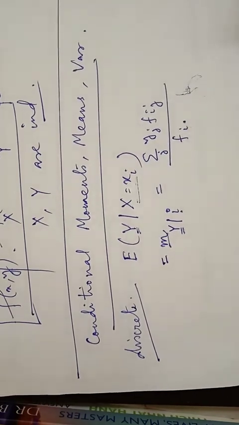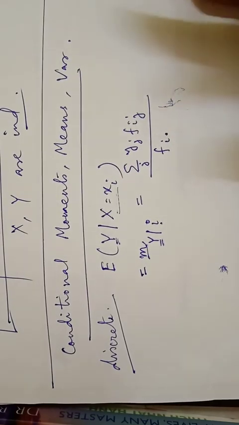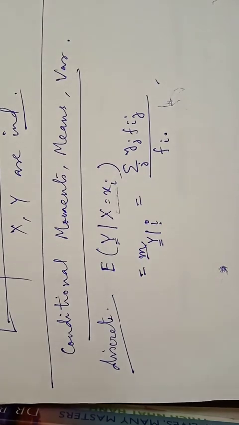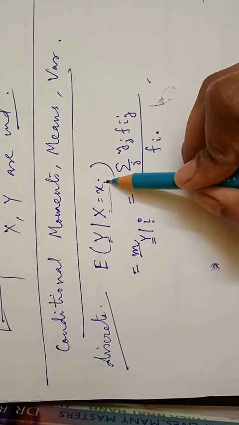I dot means we need to take all the values of y, from minus infinity to infinity. Okay, so this is the formula when expectation of y when x equals to xi has already occurred.